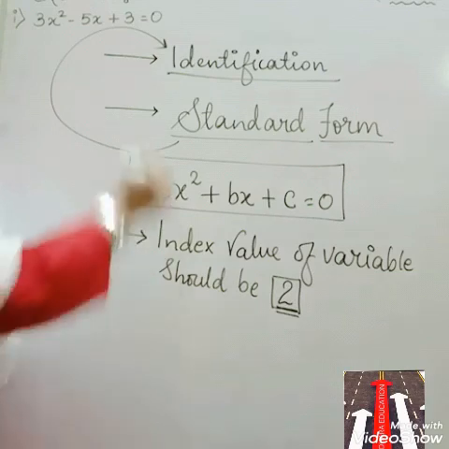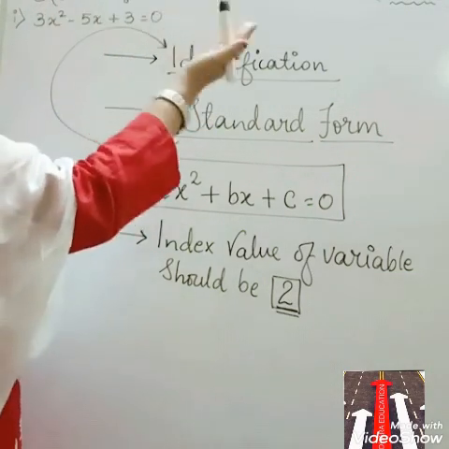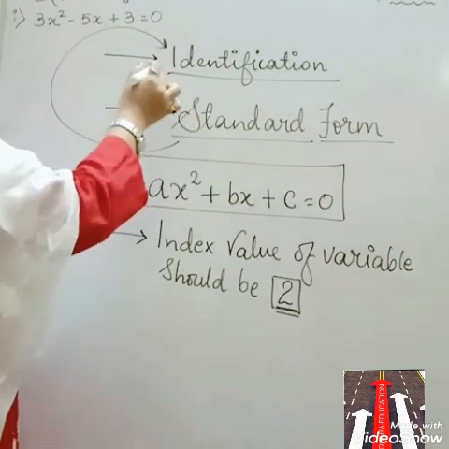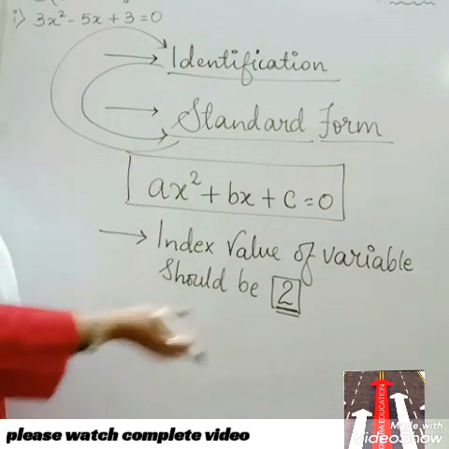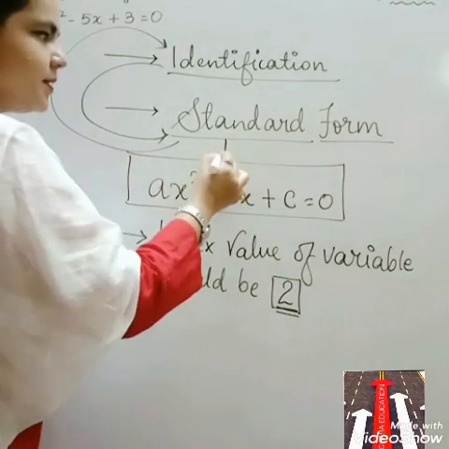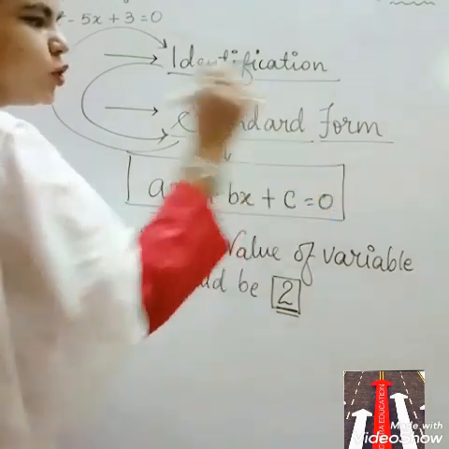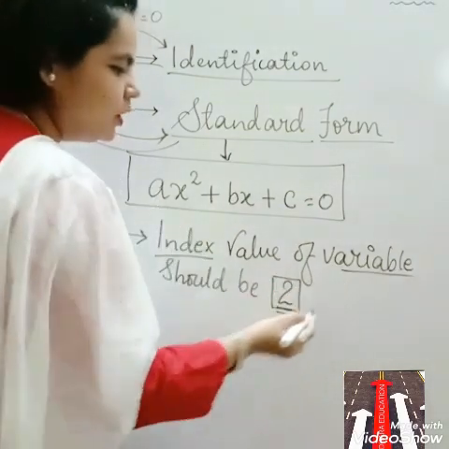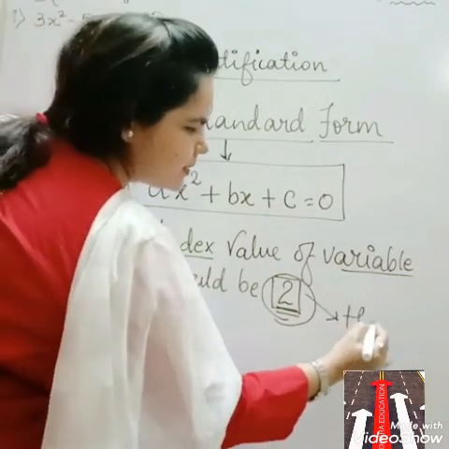I repeat again: for identifying whether the given equation is a quadratic equation or not, we need to understand the standard form, which I discussed in the previous video. The standard form is ax square plus bx plus c is equal to 0, wherein the index value of the variable should be 2 only, and this should be the highest.